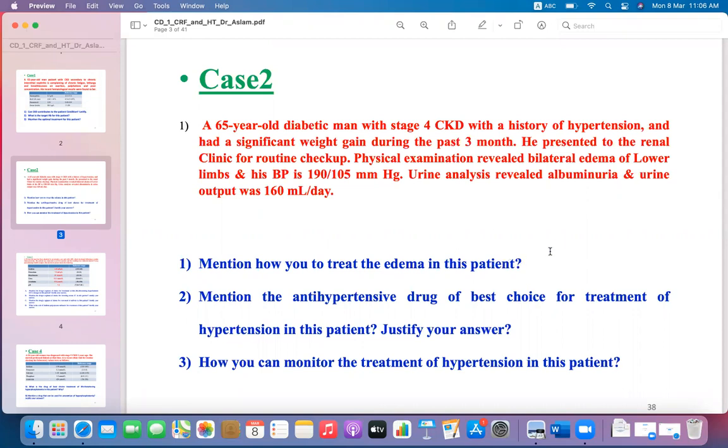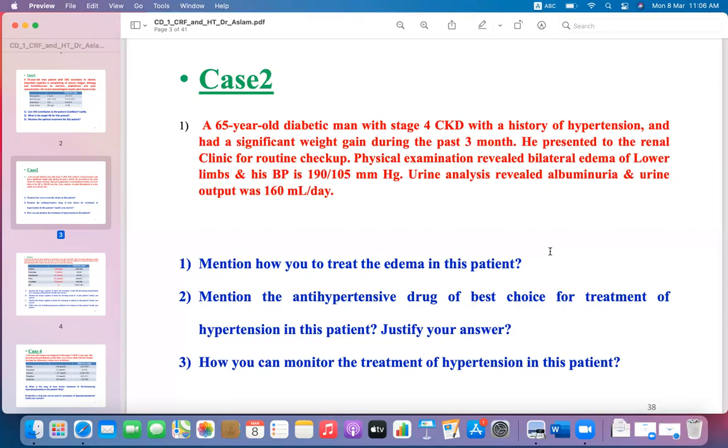So for edema, we can use diuretics, thiazide diuretics and loop diuretics. Mention the antihypertensive drug of choice for the treatment of hypertension.